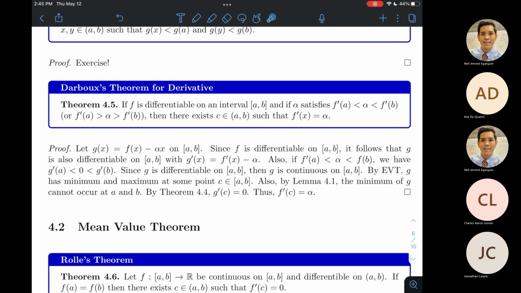Then Darboux's theorem is telling us that if those two conditions are met, then we're sure that there exists a number C on the open interval AB such that the function value, there's a typo here, hindi talaga nauubos yung mga typo. Sorry about that. That f prime of C ay equal kay alpha. Okay? So para talagang kamukha siya ng intermediate value theorem.